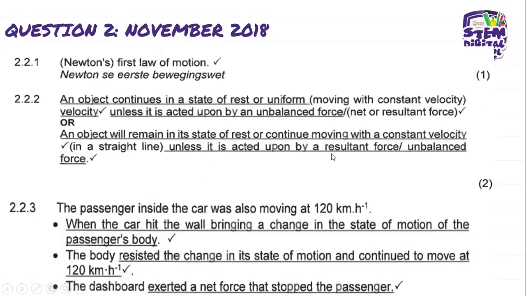Put in a different way but meaning the same thing: an object will remain in its state of rest or continue moving with a constant velocity unless it is acted upon by a resultant force, an unbalanced force, or what we definitely refer to as a non-zero net force.